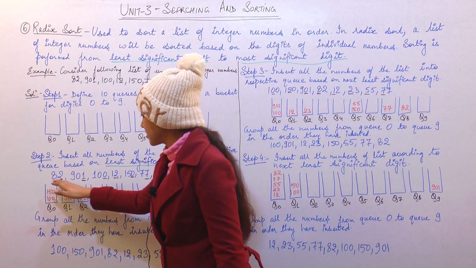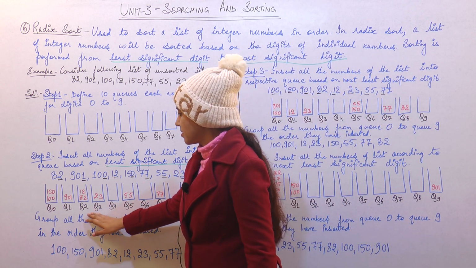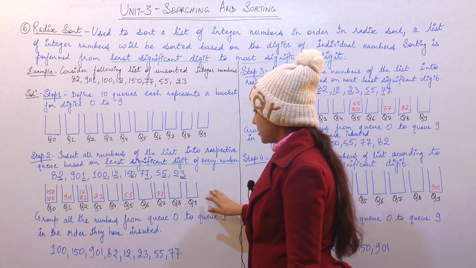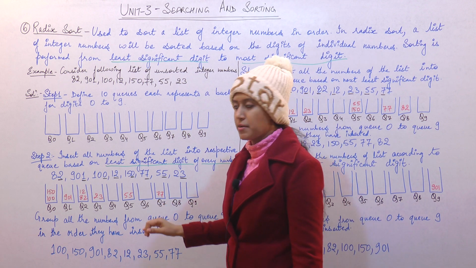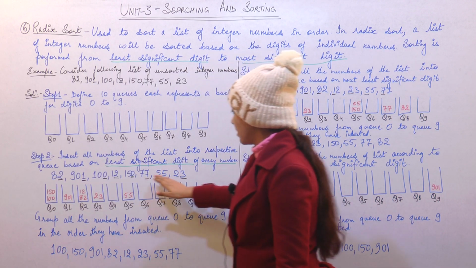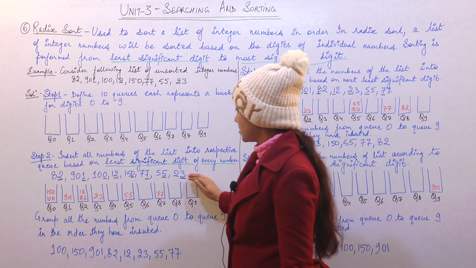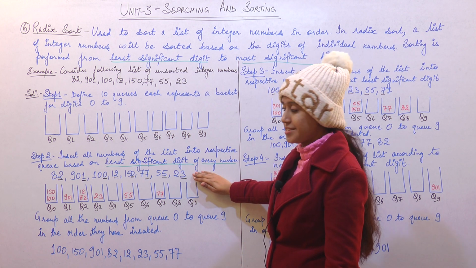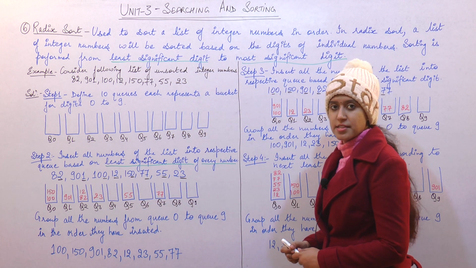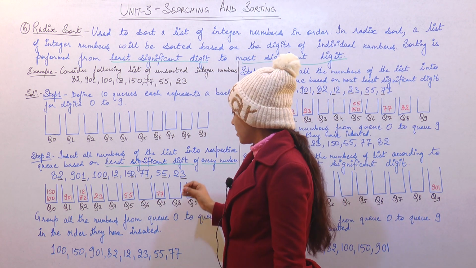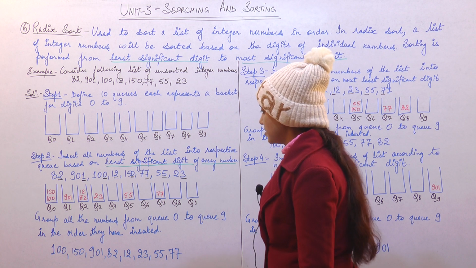We will insert this unsorted list of integer numbers into these buckets from bucket 0 to bucket 9 according to the least significant digit of each and every number. The least significant digits are the digits at the units, ones place.